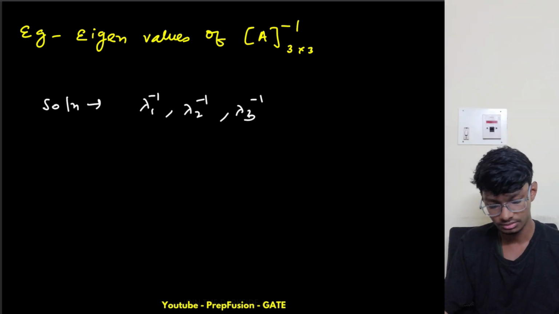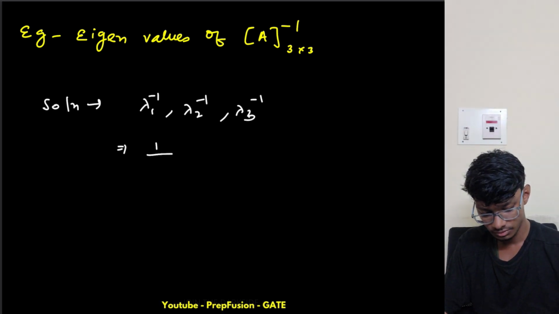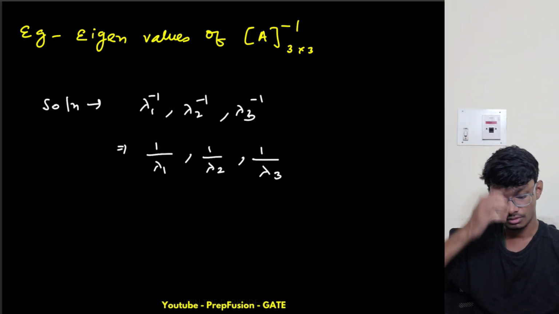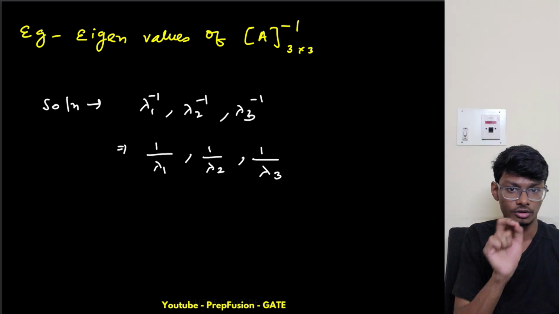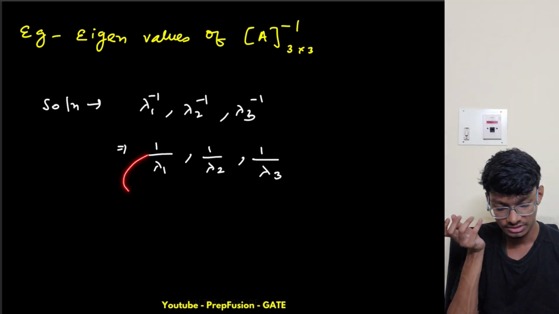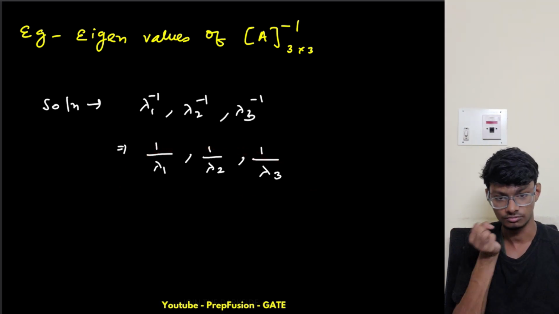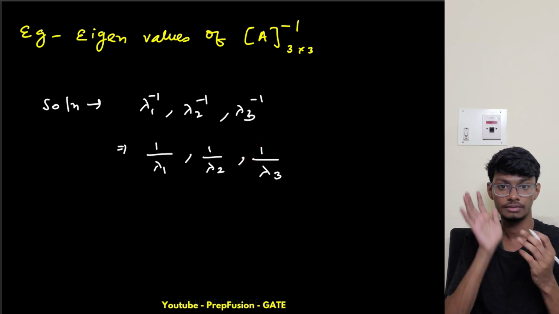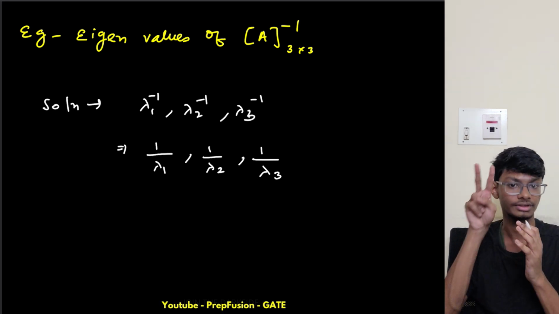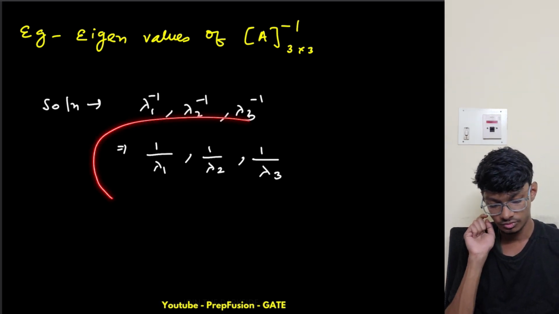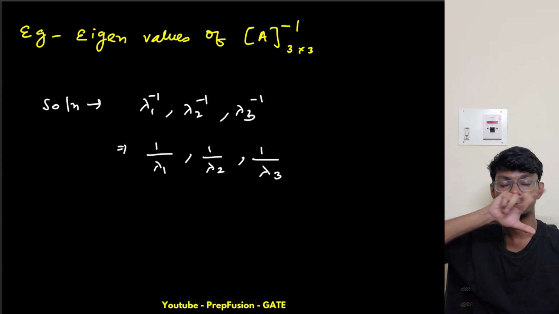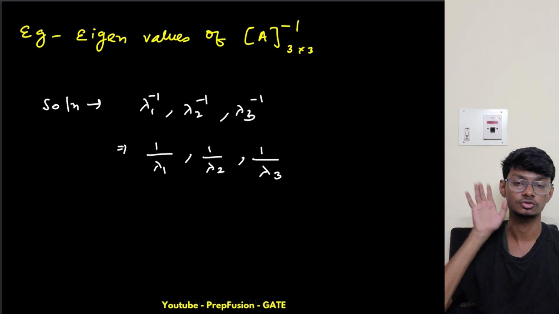So what does this mean? This means 1 by lambda 1, 1 by lambda 2, and 1 by lambda 3. But what is the important point to note here? If any of these lambdas are 0, then this will become infinity. Basically, the inverse doesn't exist because the determinant is 0. So for this to be valid, the inverse should exist, that is, the eigenvalues should not be equal to 0.